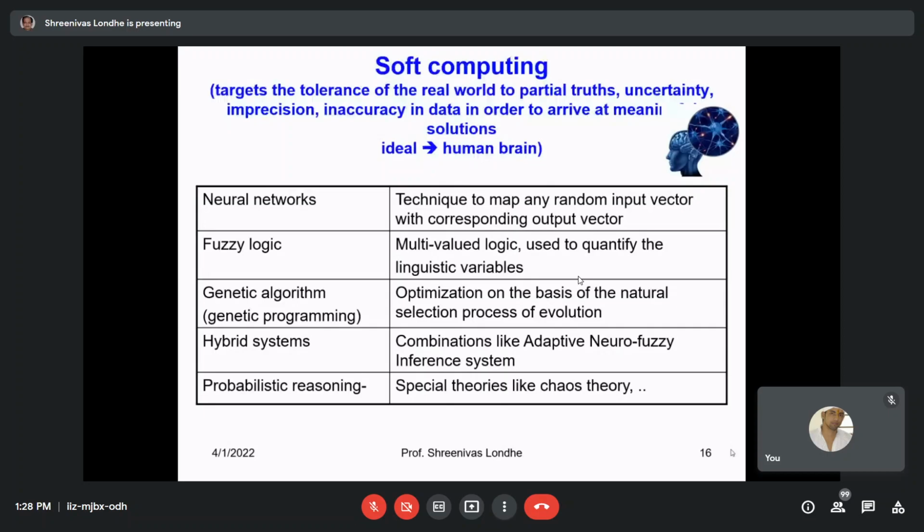Neural networks, the technique which generally maps any random input to the random output vector and tries to give the meaningful solution. Fuzzy logic, multi-valued logic used to quantify the variables, then genetic algorithm, hybrid system, probabilistic reasoning. We should not go in depth with that, but yes, these are the soft computing techniques.